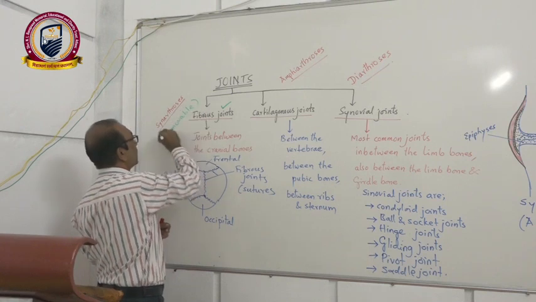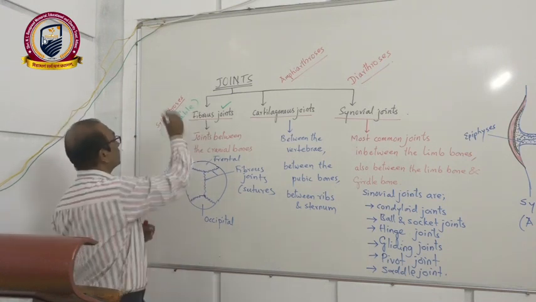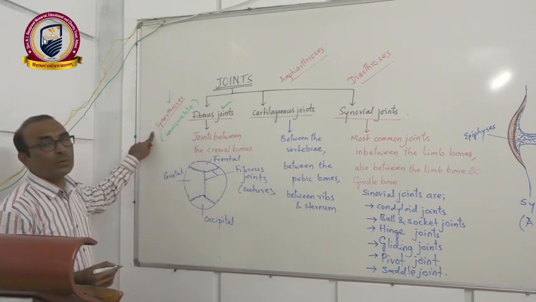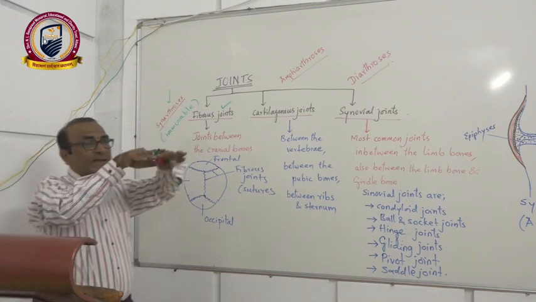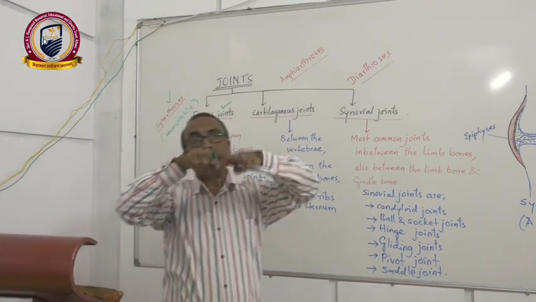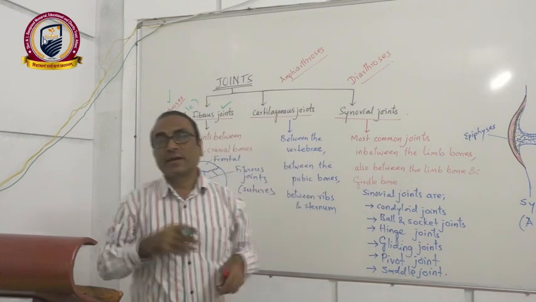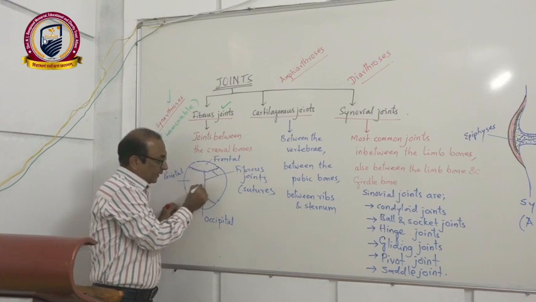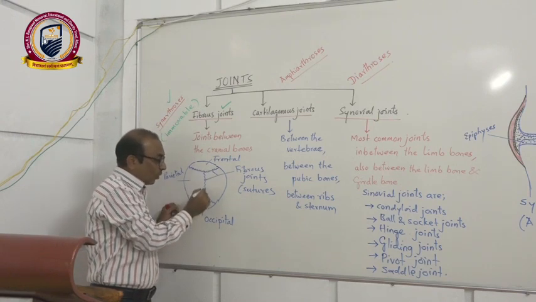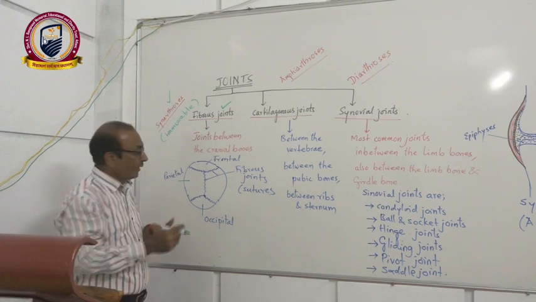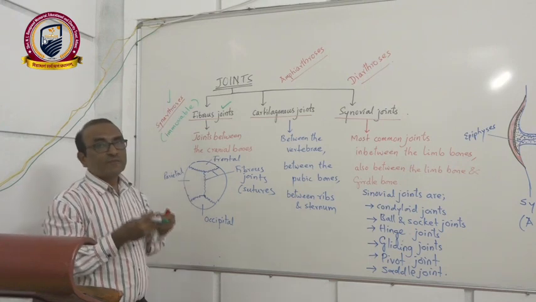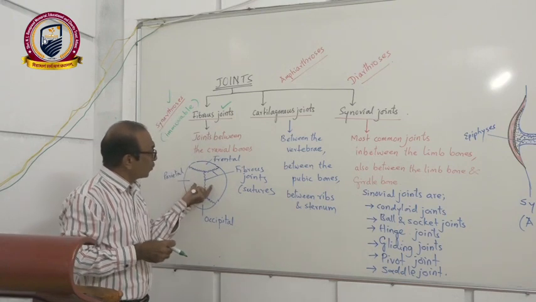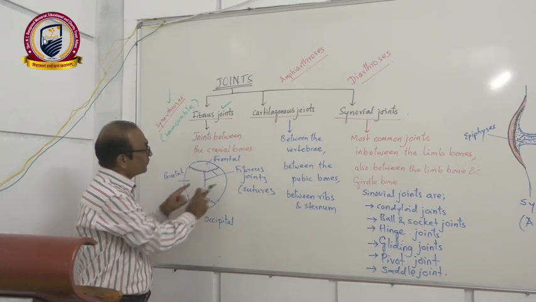These are immovable joints. So immovable joints are also called as synanthrosis, the type of joints which do not allow movements. These plates of the cranium, they cannot move. They are fixed and they are fitted into each other by the digitation or the saw-like projections which fit into each other, and in between them there is a fibrous connective tissue holding these 2 bones, and this bone with these 2 bones.